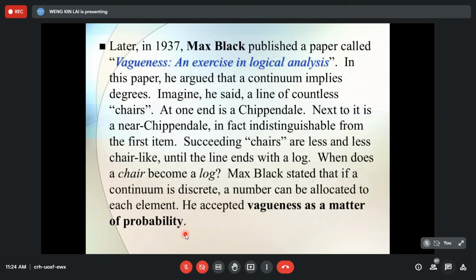A few years later, Max Black published a paper called Vagueness: An Exercise in Logical Analysis. So what else do you see here? You see that's how technology is being developed. That's how technology is being improved. When you find something new, you need to tell the whole world.